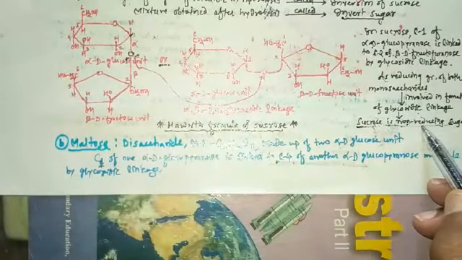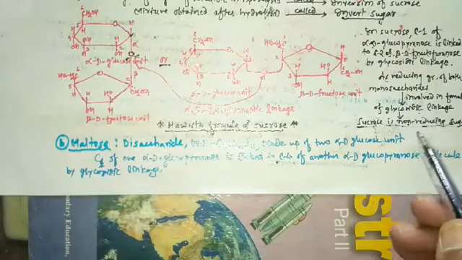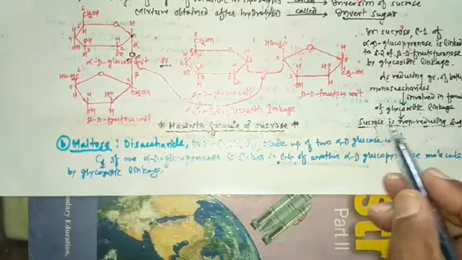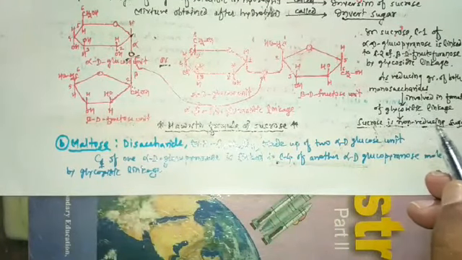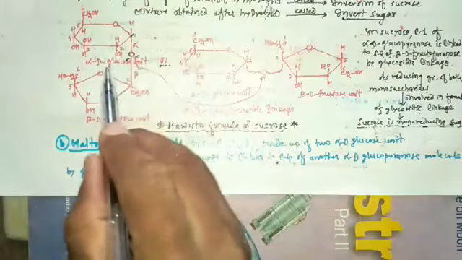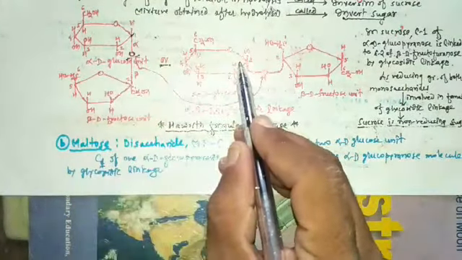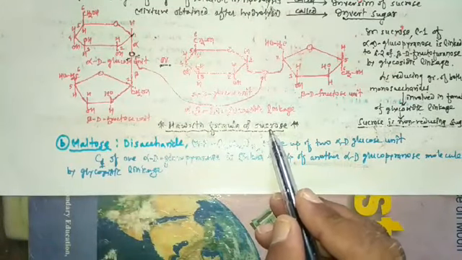Remember that sucrose is a non-reducing sugar. In examination, a question may be asked to explain why sucrose is a non-reducing sugar. These two, this one and this one, are the Haworth projection formulae of sucrose.